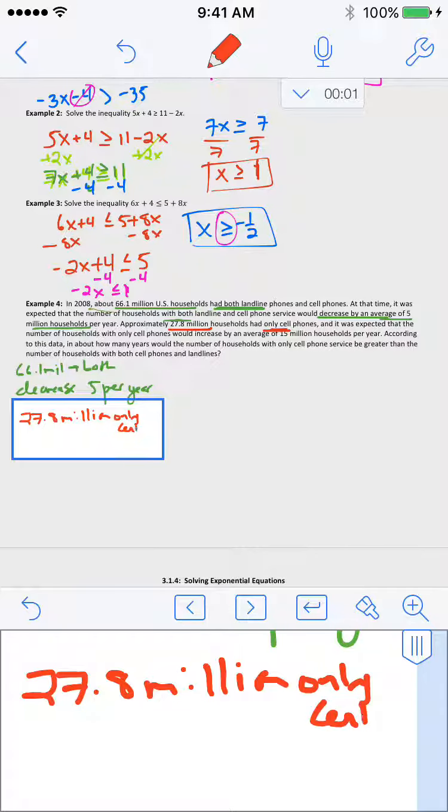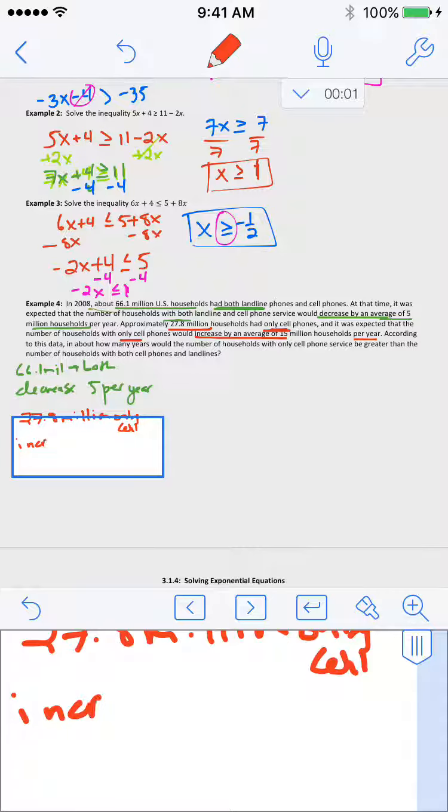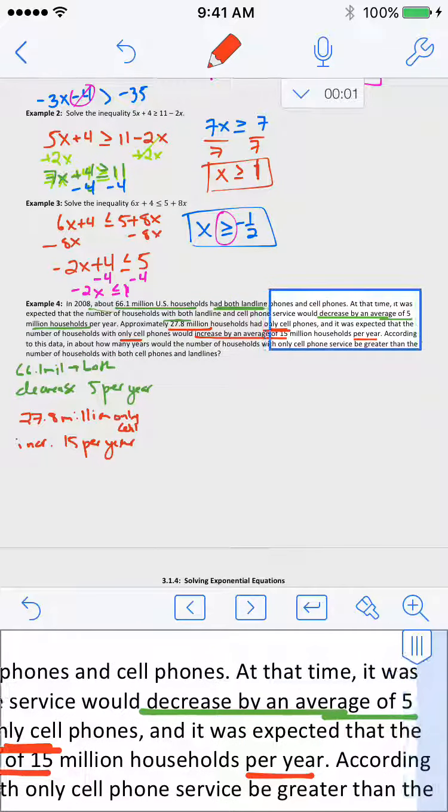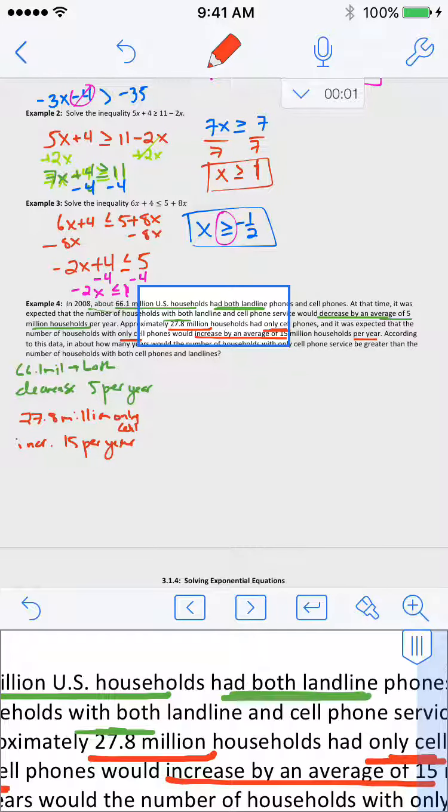And it was expected that this number of households with only cell would increase by an average of 15 per year. So increase an average of 15 per year. And then that looks like all the information for the only cell.